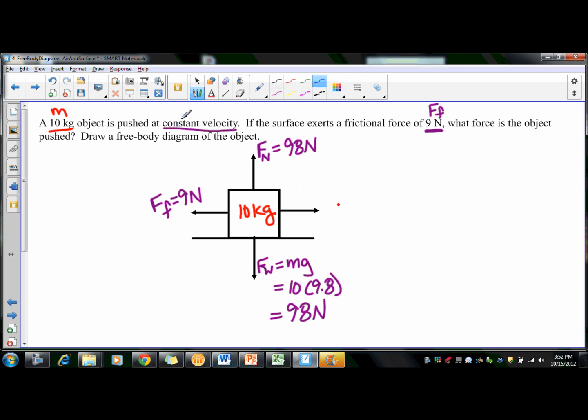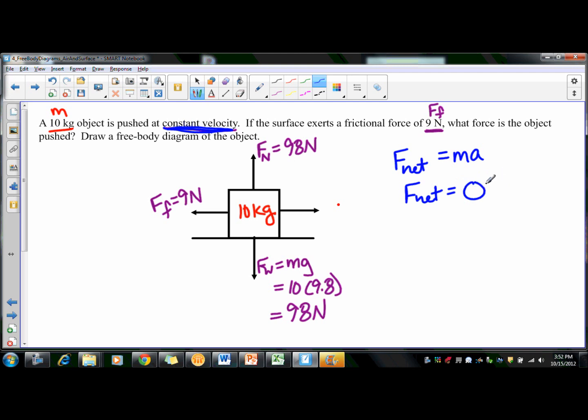So actually, let's underline that in blue. Constant velocity means there is no acceleration. So if we look at F net equals ma, if the acceleration is 0, the net force has to be 0. So constant velocity means net force is 0.